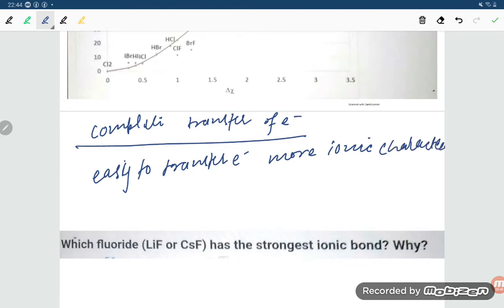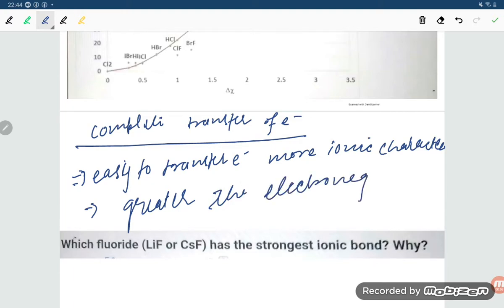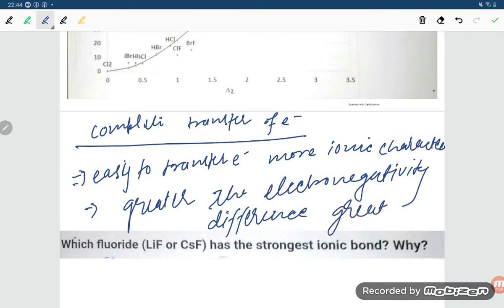The point we have to understand is: the greater the electronegativity difference, the greater the ionic character, right?